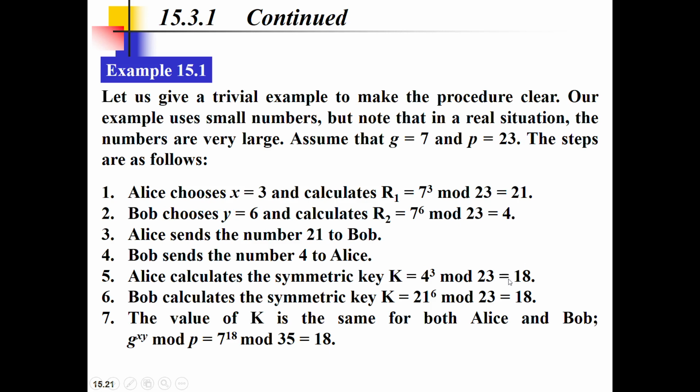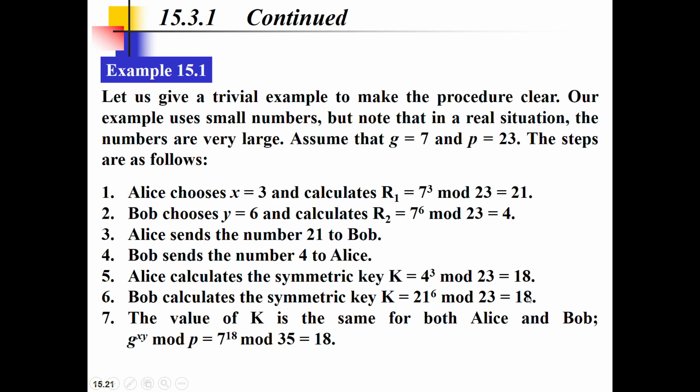The value is equal to 18. Bob calculates the key as whatever Alice sends him, power his secret, mod 23, which is 21 power 6 mod 23. The value is again 18.